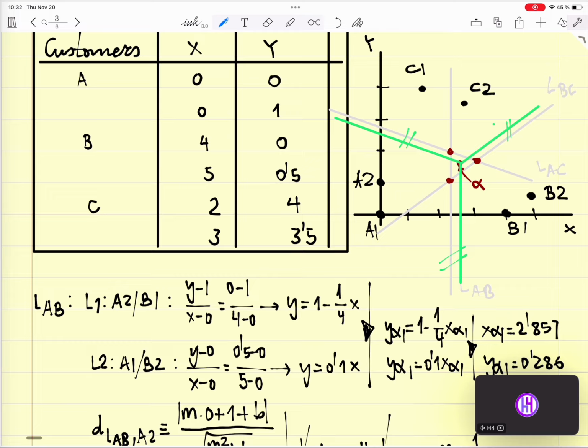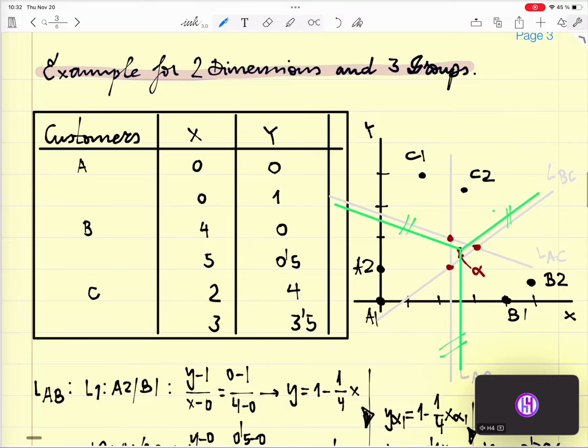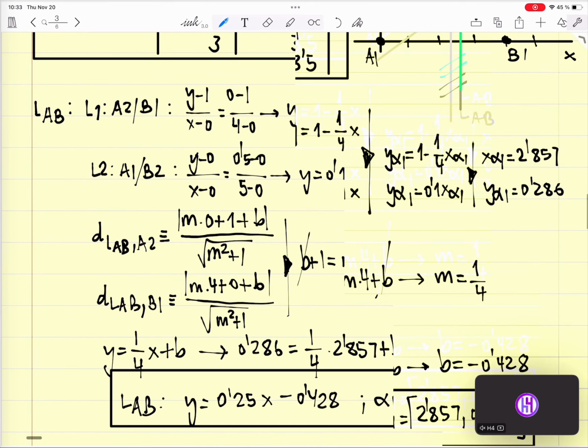This can be done for 3, for 4, for 5, for 6, for 7 dimensions. The only problem is if that is done, then we cannot represent this graphically, and to do it is just a pain with a pen and paper.